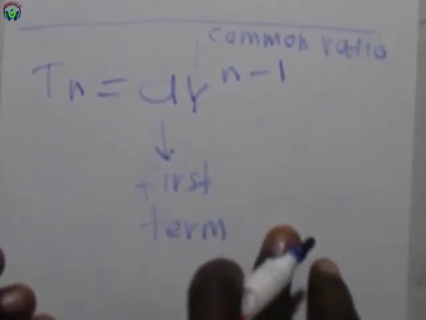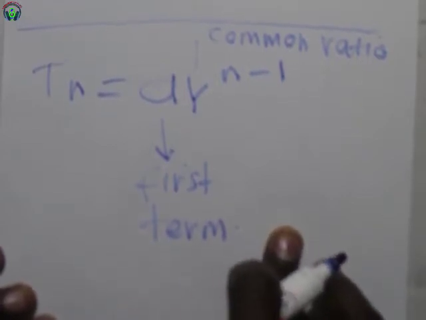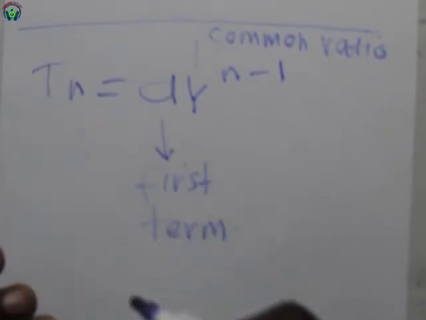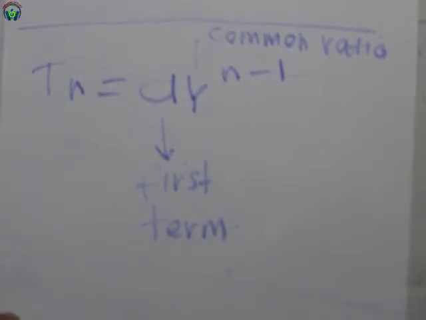And the rest of the variables, Tn and n, represent the value and the term number, as we spoke about last time. You can find the formula on your formula sheet. It should be given to you in every exam.